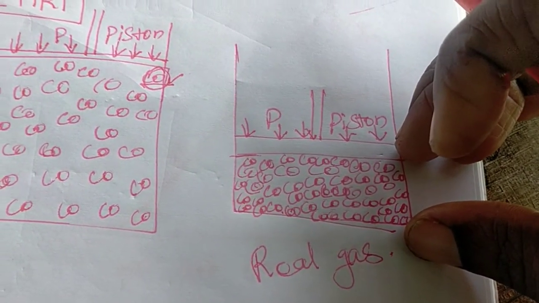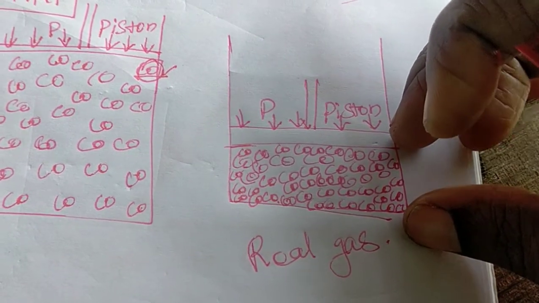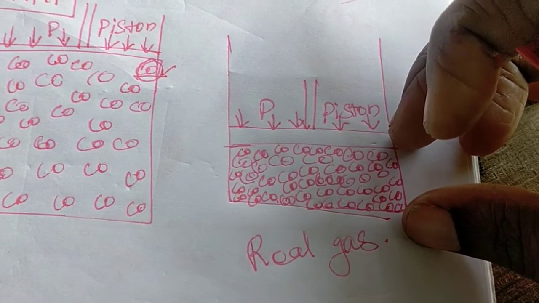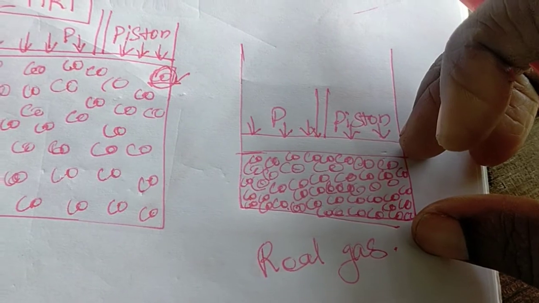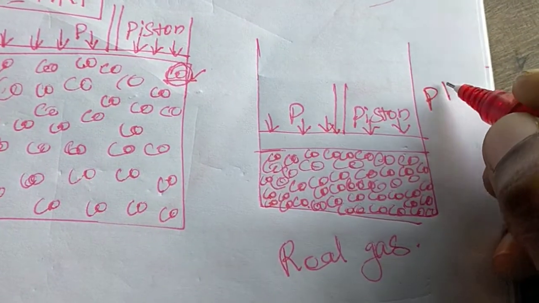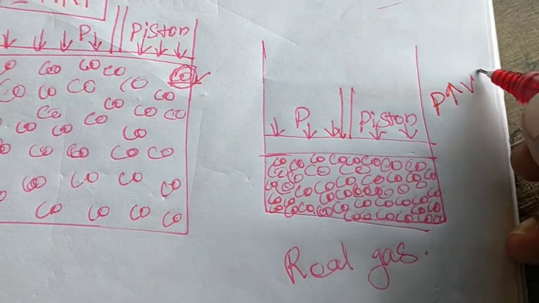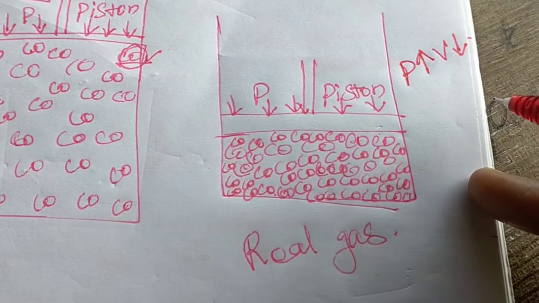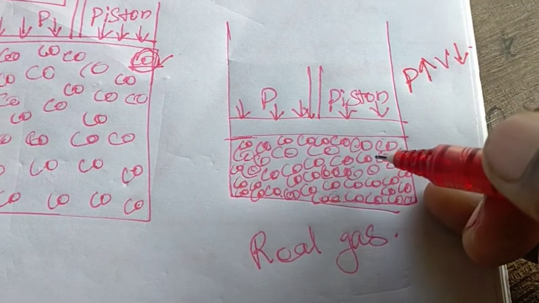Because of reducing the volume of the container, molecules are closer to each other, the pressure is increasing and the volume is decreasing. So what is the condition when increasing the pressure?